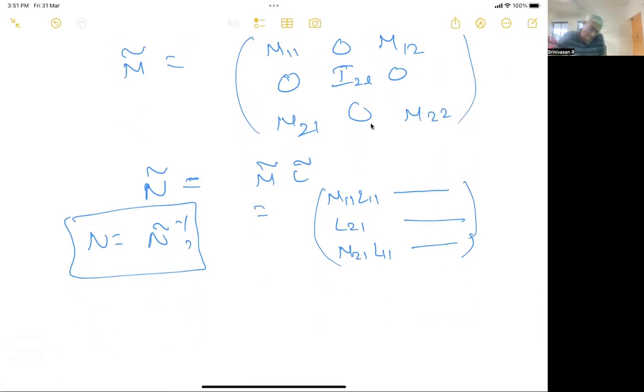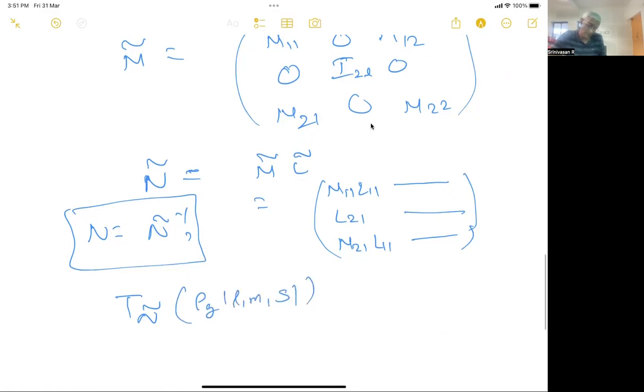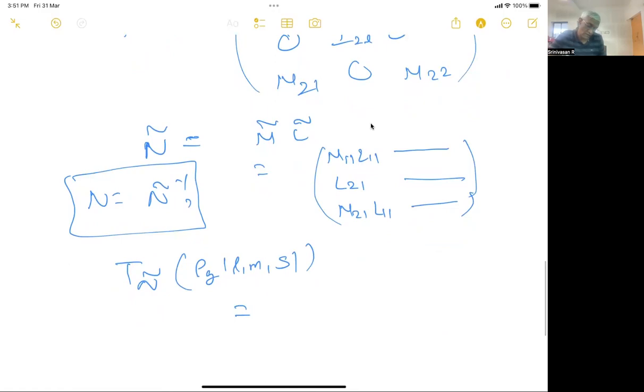Now we have to verify what is T N tilde, and that that is the composition we want to see. So T N tilde, because N is equal to N tilde inverse, T N tilde of that original G L M S is going to be rho G L M another S prime L prime, where L prime M prime is going to be M11 L11.